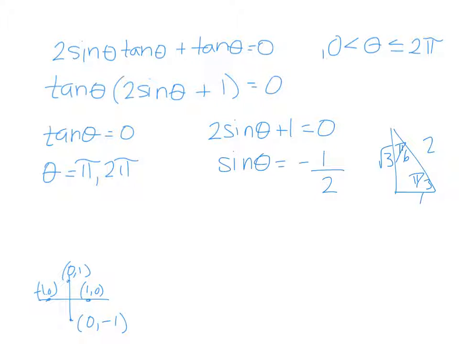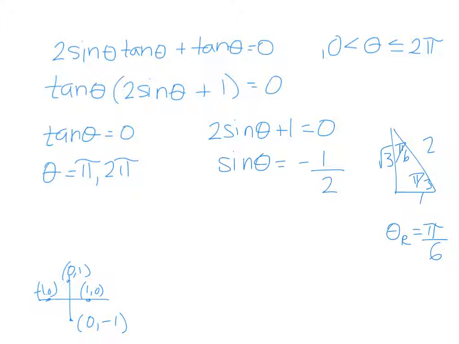Is it pi over 3 or is it pi over 6? Pi over 6, so the reference angle here is pi over 6. Remember, sine is opposite over hypotenuse, and that's why it's pi over 6, because opposite the pi over 6 is the 1, and the hypotenuse is 2. So that gives you a sine of 1/2. Reference angle is pi over 6.